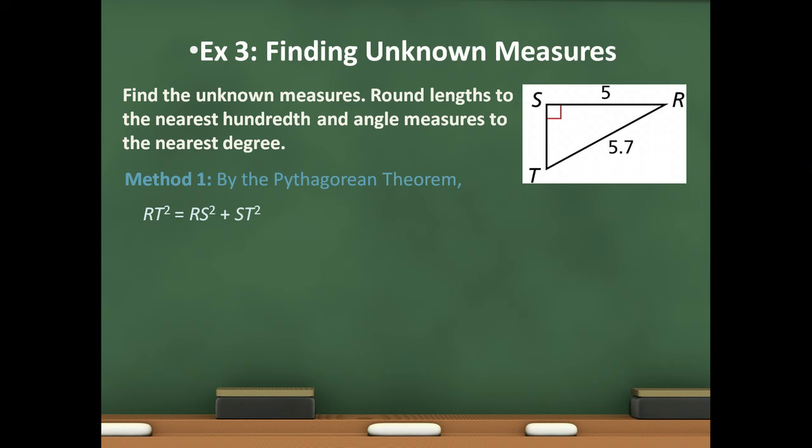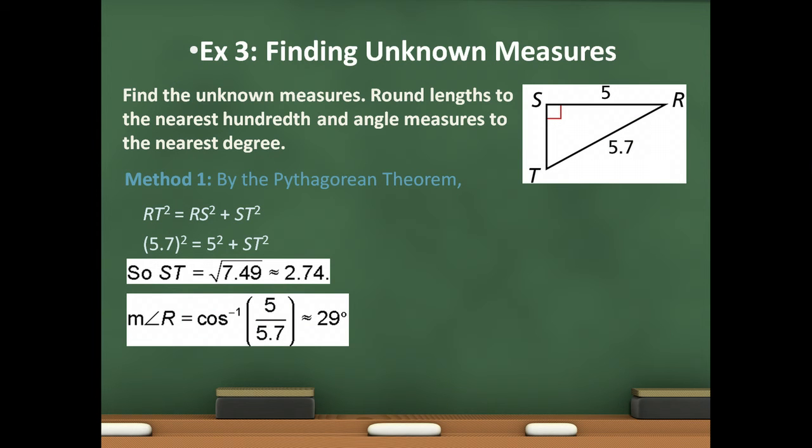We have RT squared equals RS squared plus ST squared. We fill in what we know. So 5.7 squared equals 5 squared plus ST squared. So ST equals the square root of 7.49, which is about 2.74.